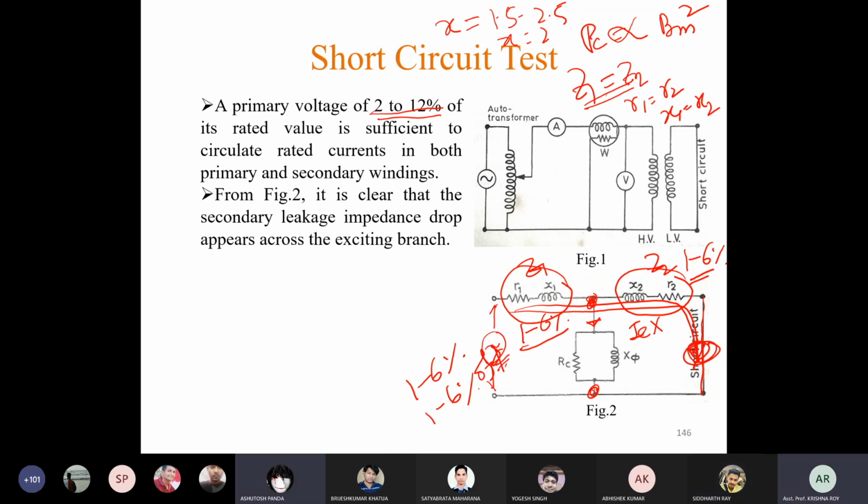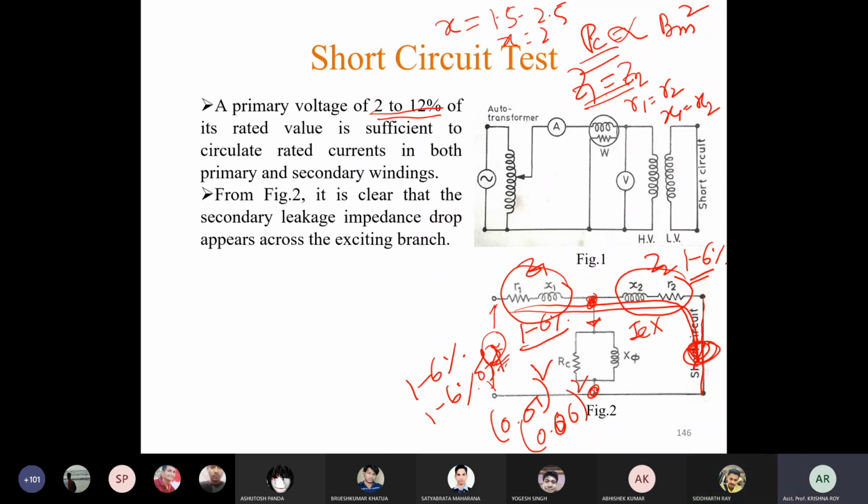Yes, sir. So if the flux is only 1 to 6%, then what will happen to this core loss? 0.01, that is 1%, and 0.06, that is 6%. So if you take square of this, what happens to this core loss? Very small, very, very small.